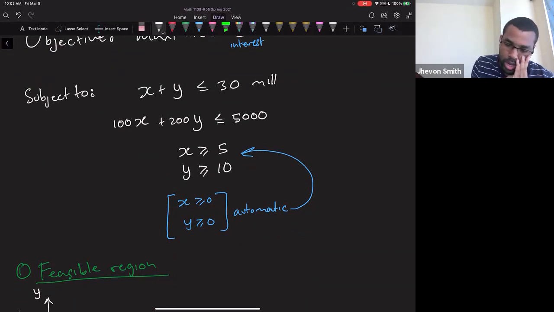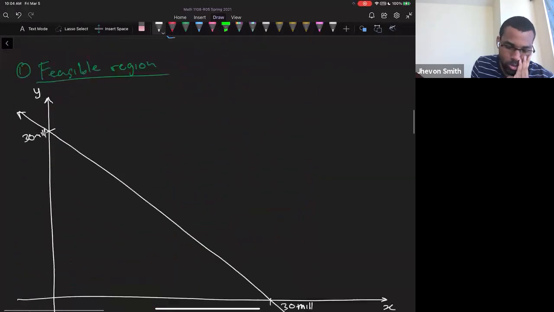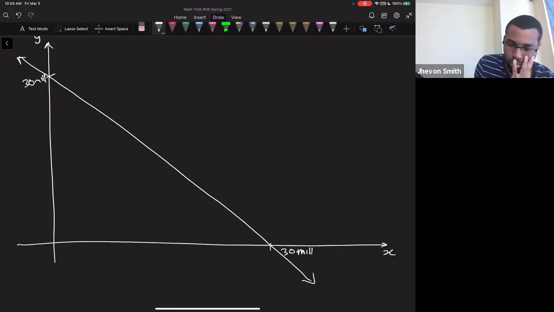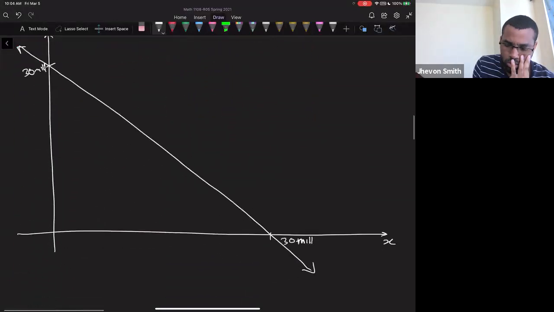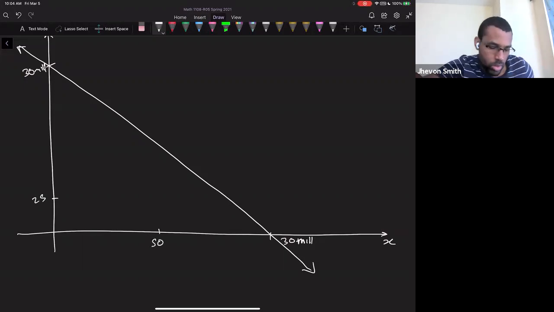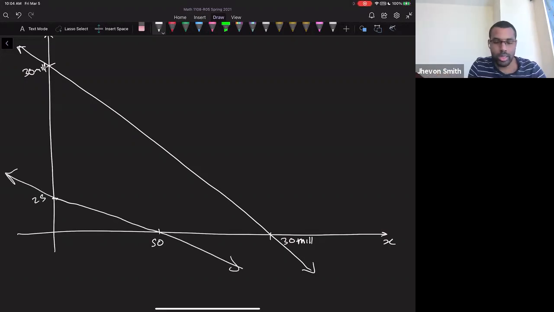Plug in x equals 0, our y would be 25. I don't know if this is where these guys are going to intersect or what. It's just not drawn to scale.